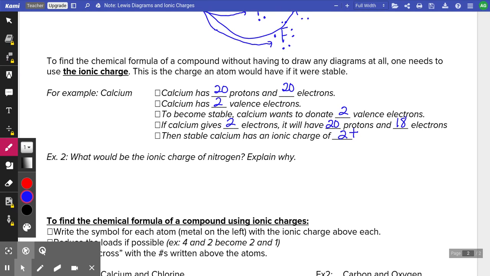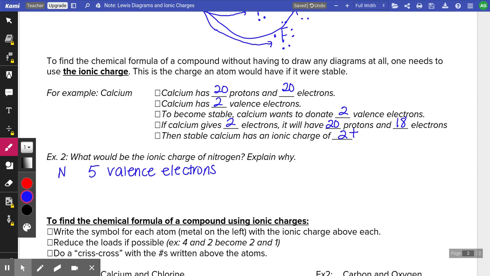Okay? What would the ionic charge of nitrogen be? And why? Okay. Right. So nitrogen has 5 valence electrons. Right? So it's easier to gain 3 than to lose 5.